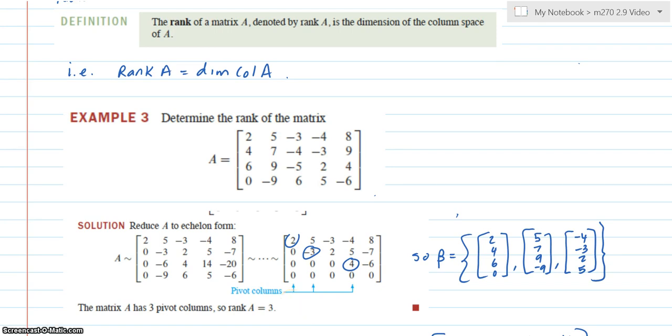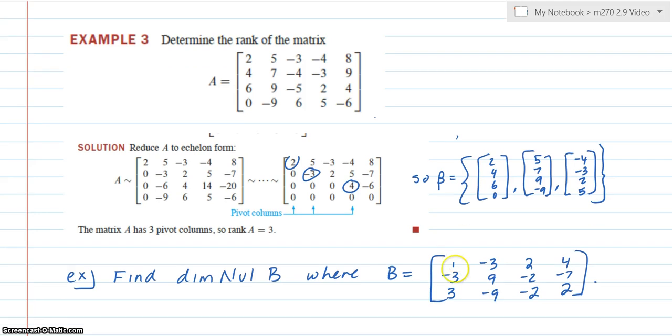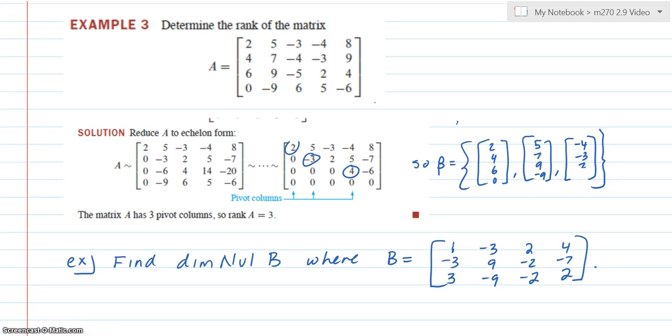Let's go ahead and look at another example. Let's find the dimension of Nul B, where B is the following matrix. It's supposed to be a 1 right there.